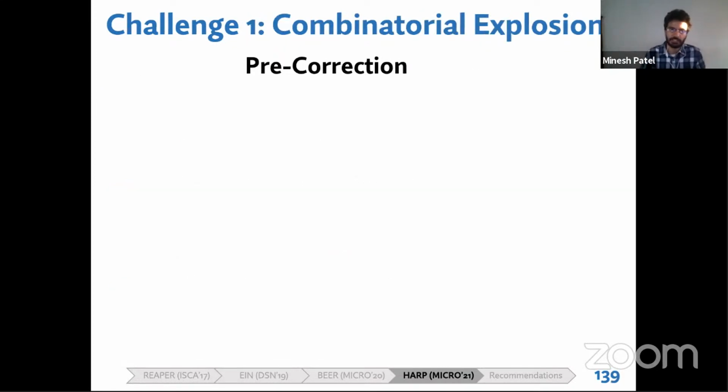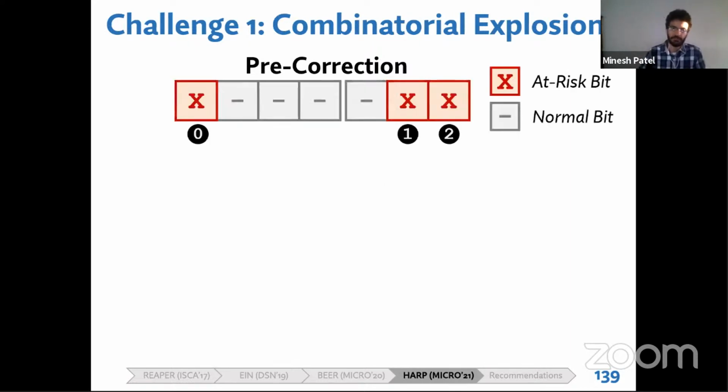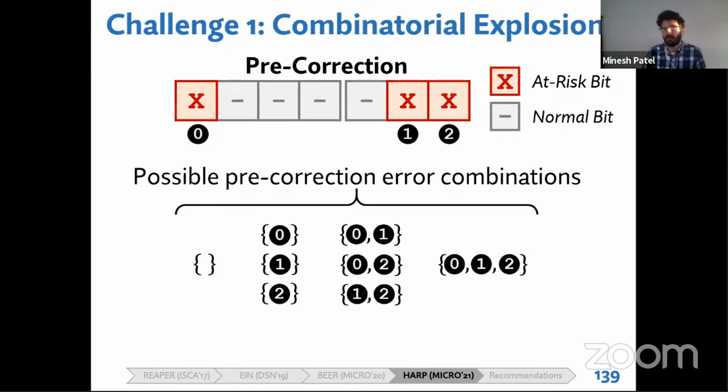So the first challenge is essentially a combinatorial explosion of errors. Let's take a look at the same example that we had from before. We have 3 pre-correction errors that we label as 0, 1, and 2. Now here are all the different possible combinations of the pre-correction errors that can occur. We have the empty set, each of the bits 0, 1, and 2 occurring individually, in pairs, and then all 3 of them at once.